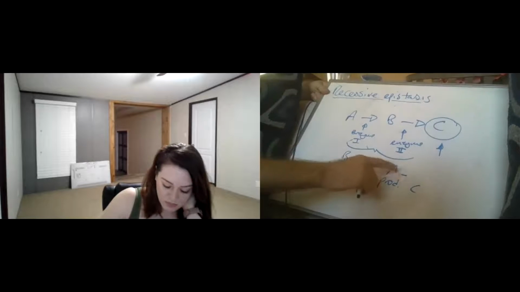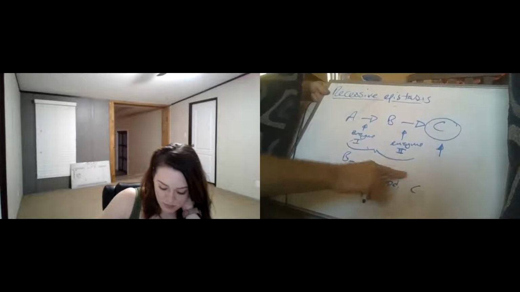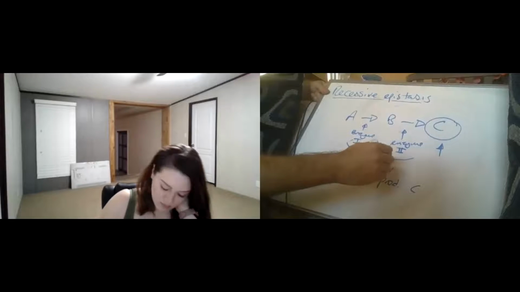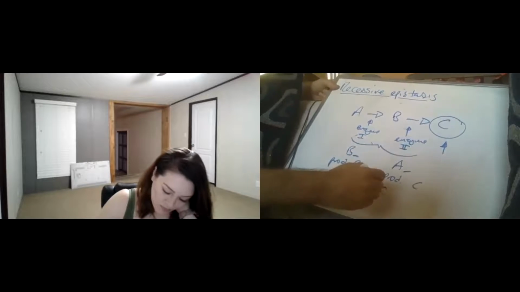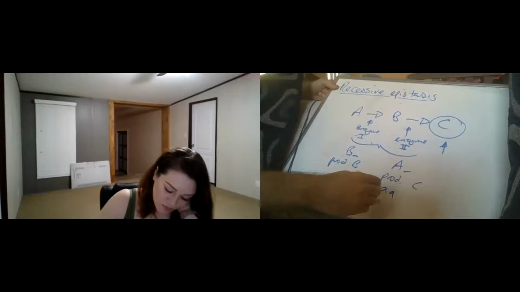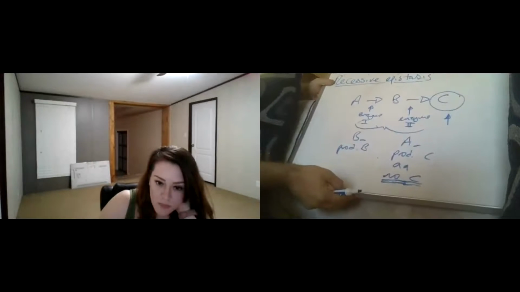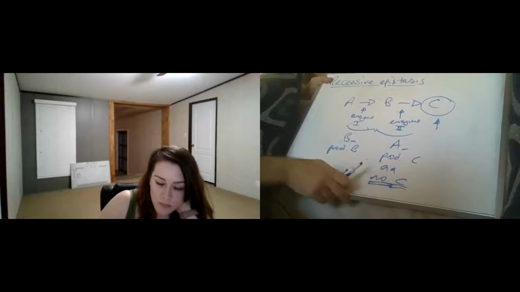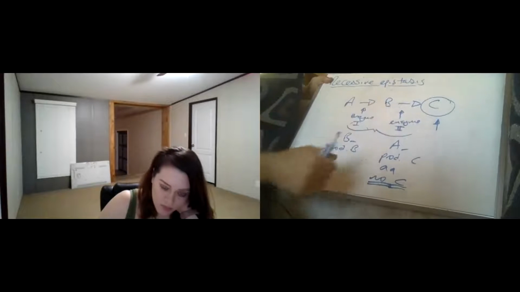Now, if you have homozygous recessive A, you don't get any C, because this function doesn't happen anymore. Does that make sense?